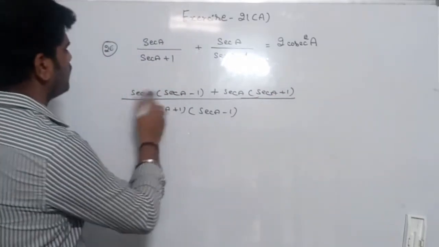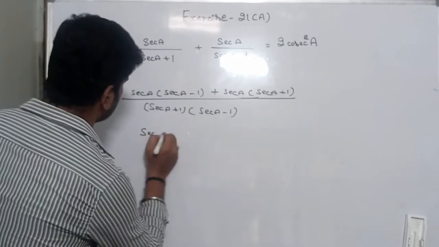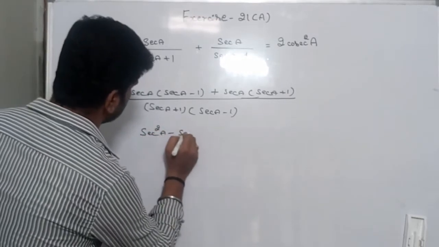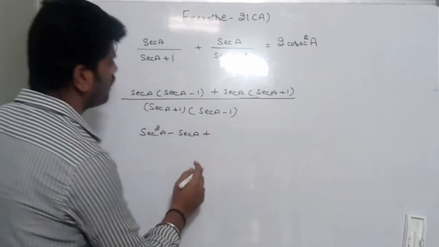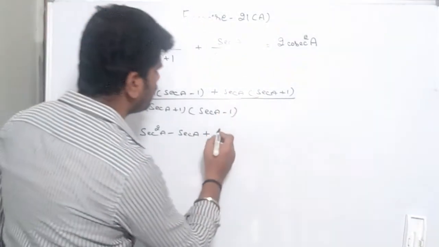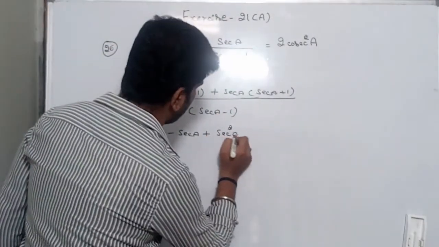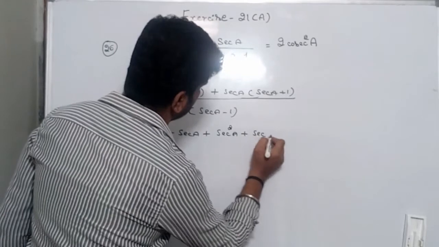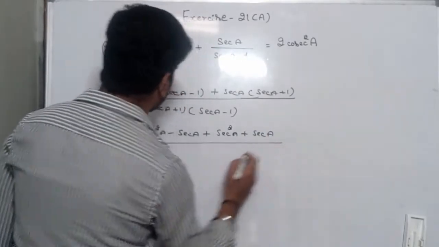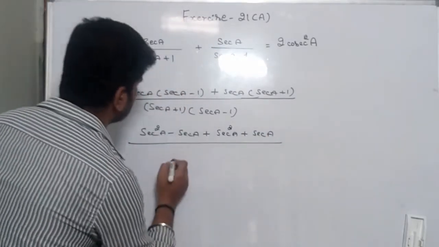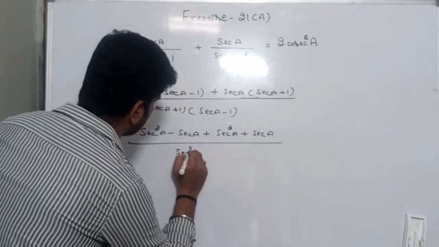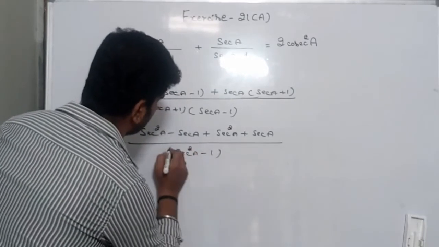Okay. Then secant A into secant A is secant square A, minus secant A, plus secant A into secant A, that is secant square A plus secant A, whole divided by secant A plus 1 into secant A minus 1, which is what? Secant square A minus 1.